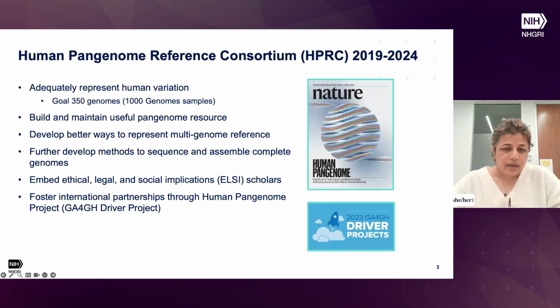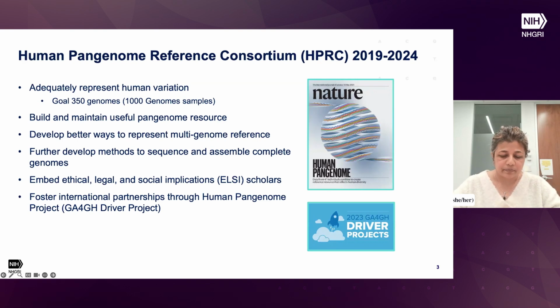Great, thank you. So I briefly wanted to go over phase 1 of the Human Pangenome Reference Consortium, starting back in 2019 through 2024. The goal here was to sequence 350 genomes from 1,000 genome samples.